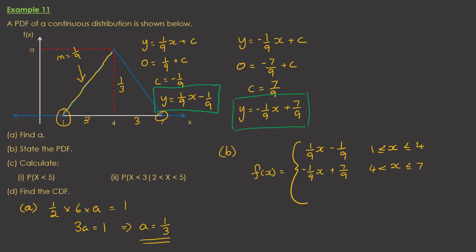Note that I've used less than or equal to here, so therefore I don't use that again there. I just say less than. I could have used the less than or equal to here and the less than here. And of course, we've got 0 otherwise.